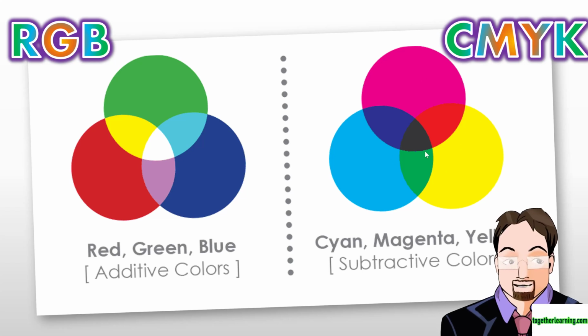So if you've ever used a digital printer, you usually have these colors of ink inside your printer, and it mixes them together to give you a nice range of colors on your printed page. But for digital purposes, we're using RGB.